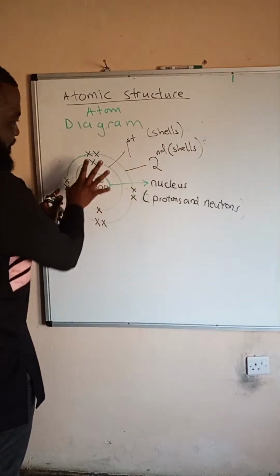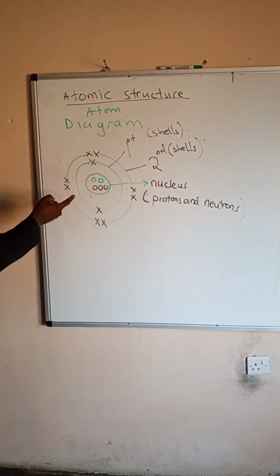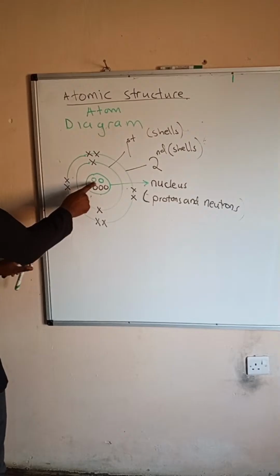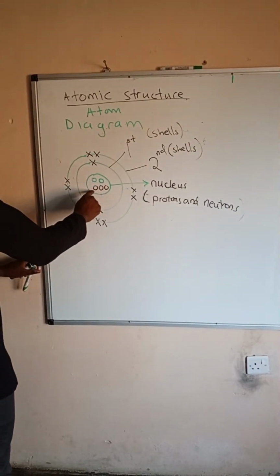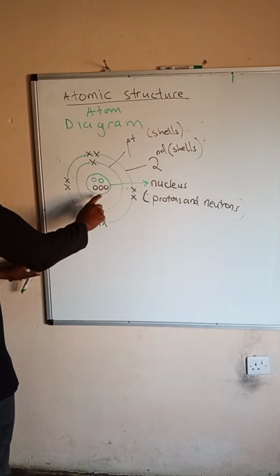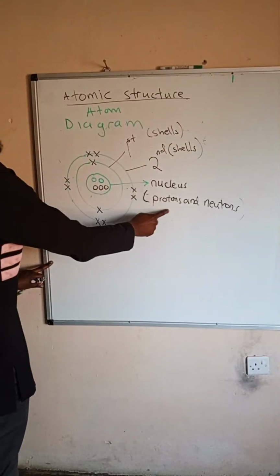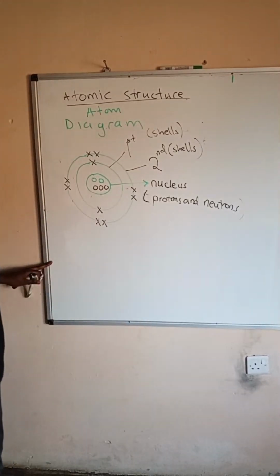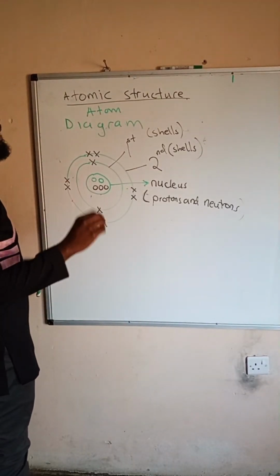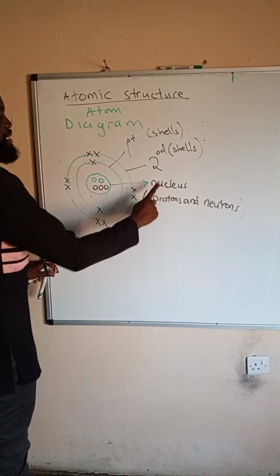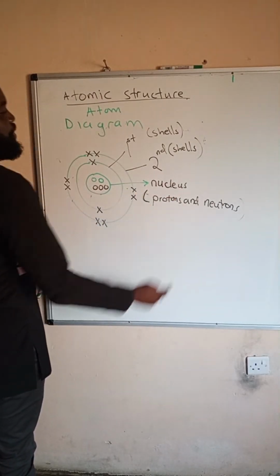When you magnify a small part, it will look like this. Inside here you find protons and neutrons. They differ in number, but inside you always find the protons and the neutrons. Sometimes in the exam they can ask you, what particles do you find in the nucleus? You already know it's protons and neutrons.